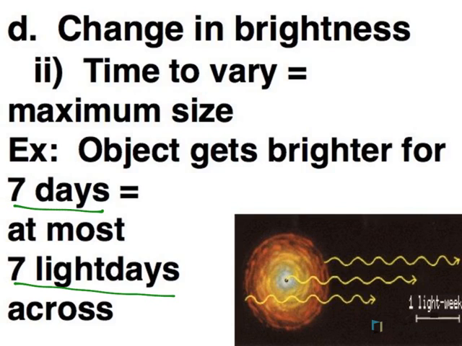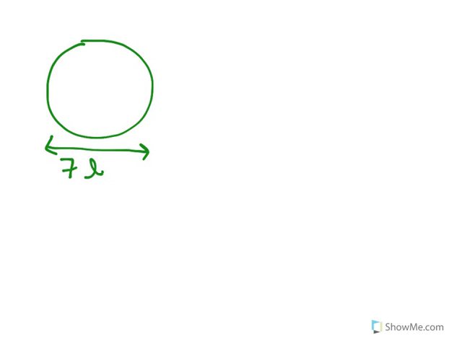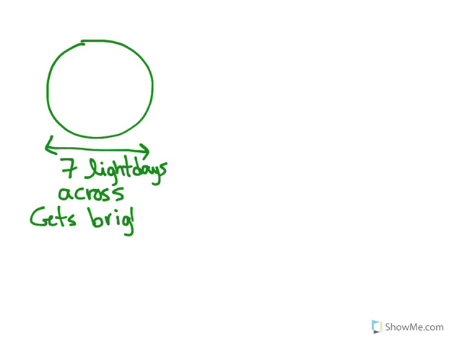So let's look at a couple examples of what's actually happening here. Let's look at that last one, the 7 light days example. So let's say here's something that is 7 light days across, and let's say it gets bright for 1 second. And so here we are on Earth.